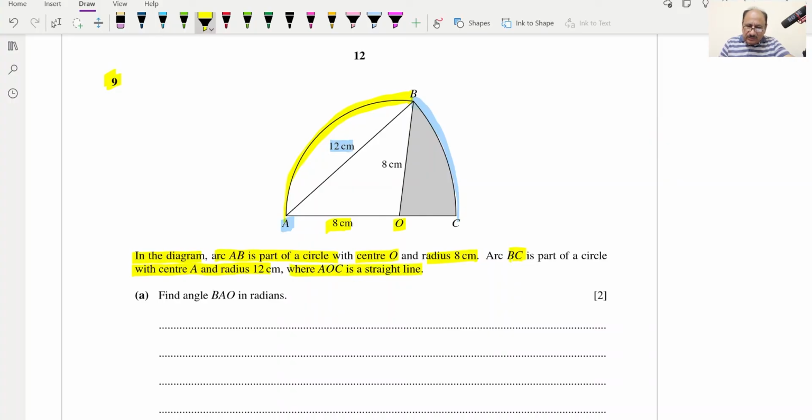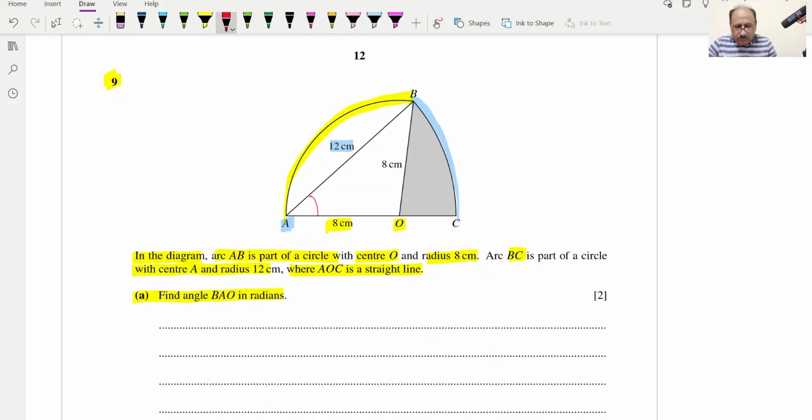where AOC is a straight line. Find angle BAO in radians. BAO is this angle which is required. So what we can do, we will be doing some construction like this.